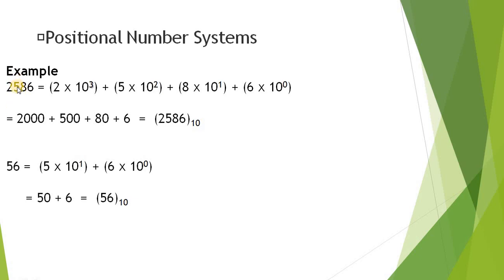It's the digit itself, and then where it is placed. 5 is placed in the 100th position in this example, and in this example we have placed 5 in the 10th position. So it depends on the position of the digit, and also the base, whether it is the decimal, octal or hexadecimal base.